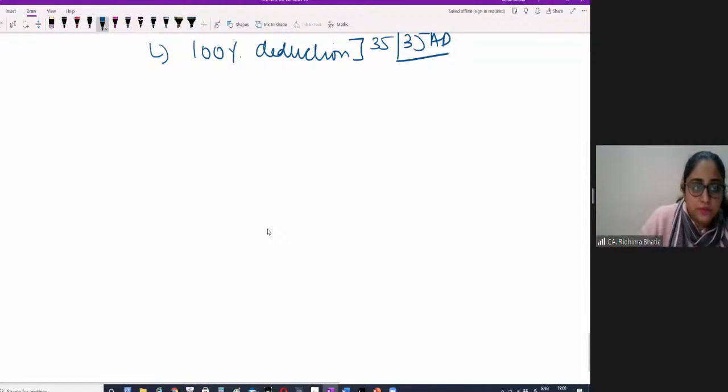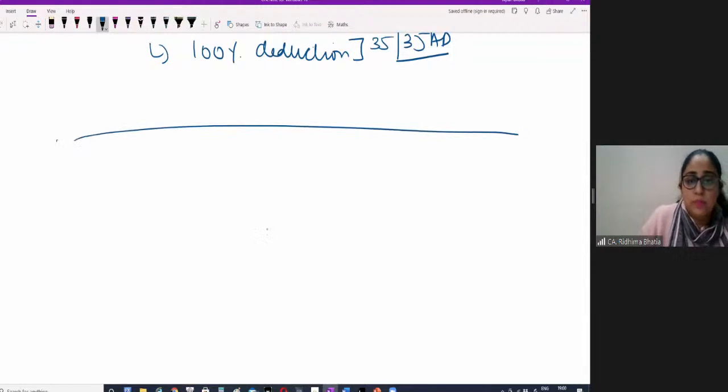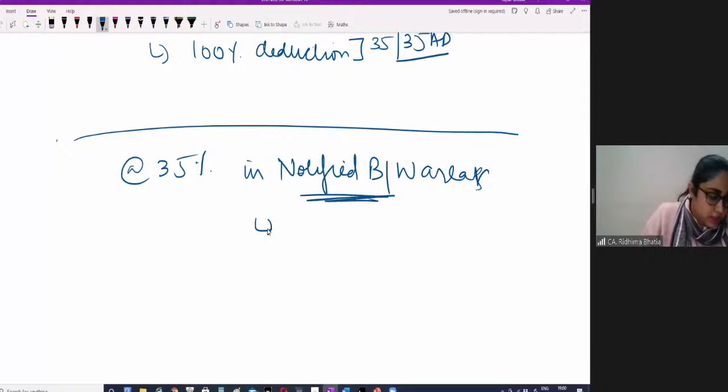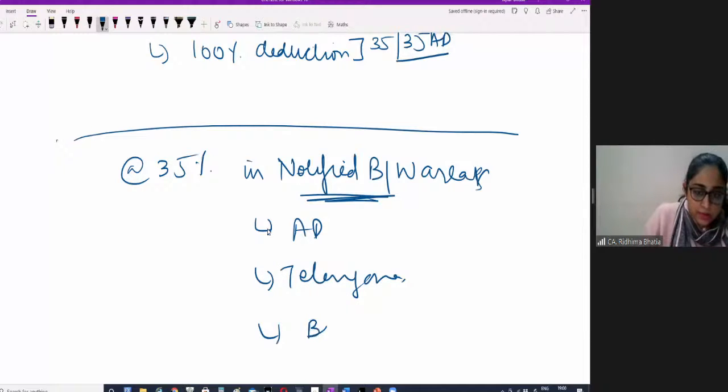the rate of 35%. Now, to promote manufacturing, additional depreciation came, but to promote manufacturing in notified backward areas, there are only 4 states, and that too backward areas of these states, which are your Andhra Pradesh, Telangana, Bihar, and West Bengal.